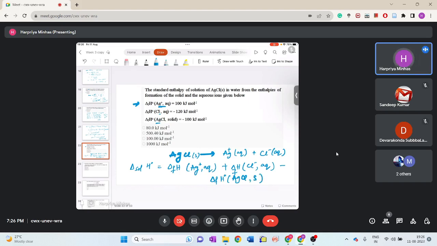So now put the values in the same format and try to get the answer.